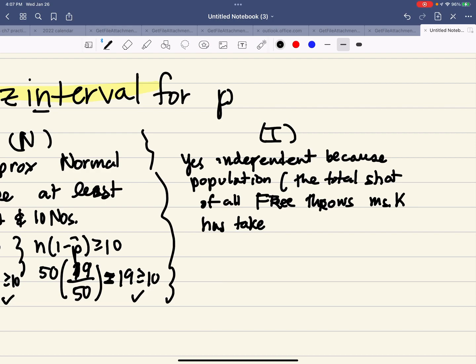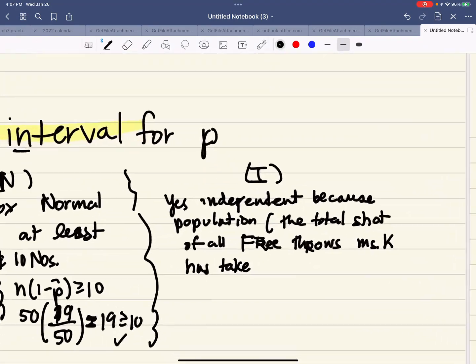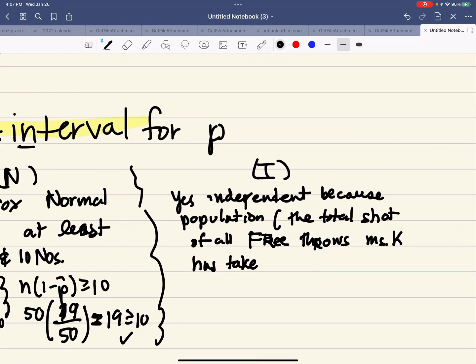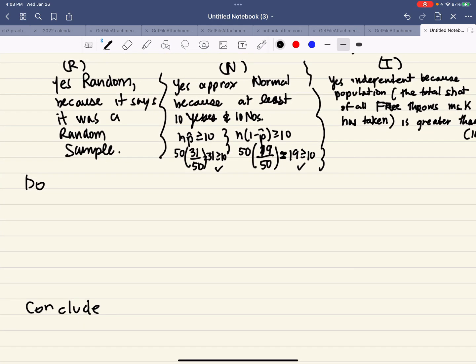If she really is a good basketball player, then it's safe to assume that the population is greater than 500, which is 10 times n. I've taken more than 5,500 shots, right? Okay, let's do it.